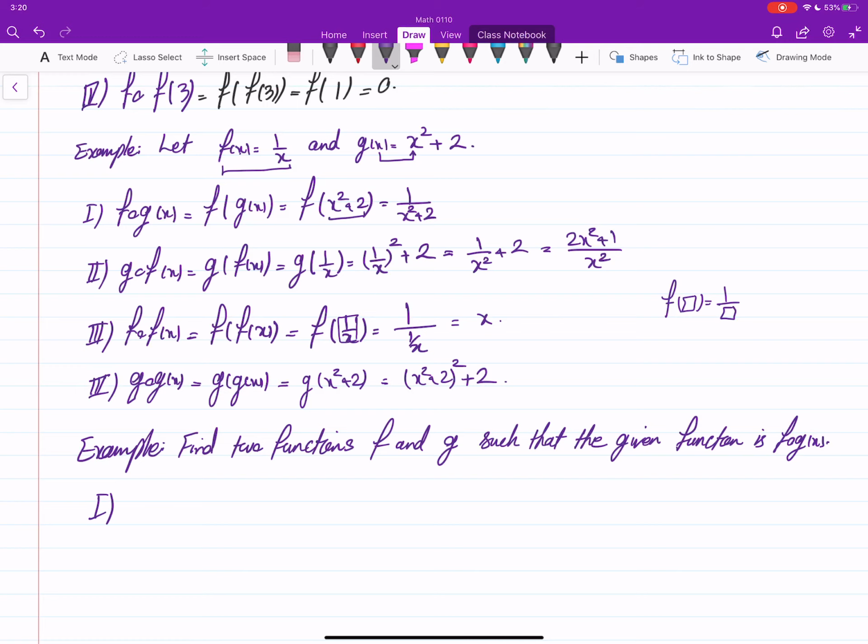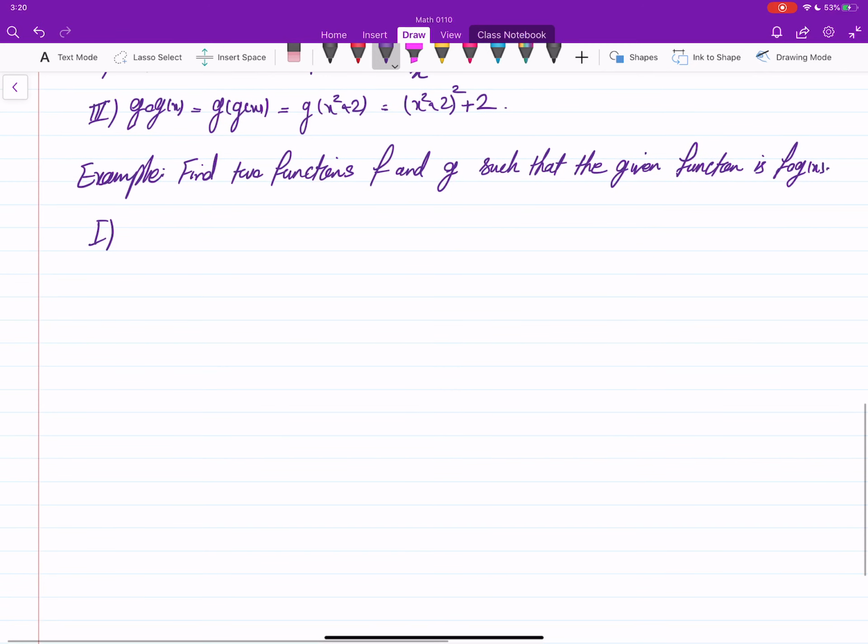So the first one, now we are going the other way around. The function is given, so we want to find what are the functions that when you compose, you get this one.